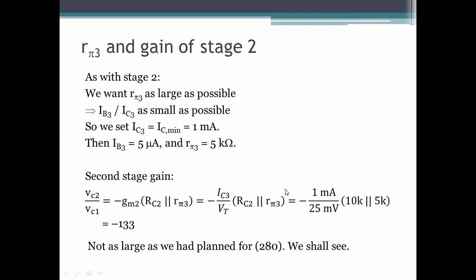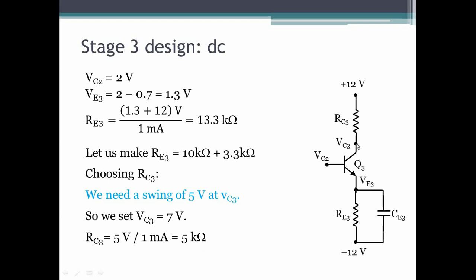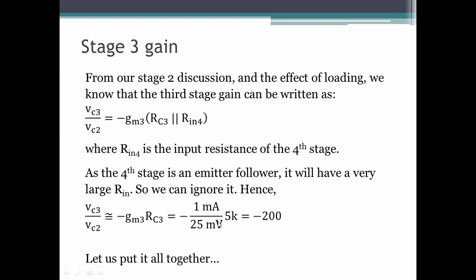The factor of 2 went in the fact that we need a larger voltage swing here. So because we need a large voltage swing here, VC3, the DC value has to be higher, and so the RC3 has to be lower. RC3 is 5 kilo ohms, RC2 was 10 kilo ohms. Half the value of the resistance, half the gain. So this is minus 200.